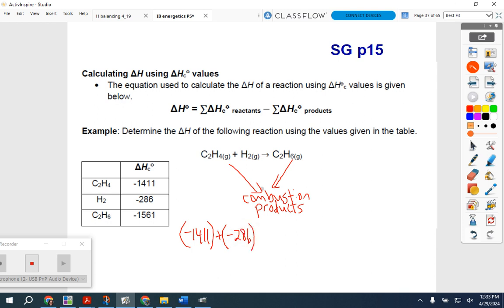So that's the sum of our reactants. And then we're going to subtract the sum of our products. We really only have one product, and that's going to be negative 1561. I guess I could have made that regular parentheses. But that's really all there is to it. So then it's just a matter of plugging it into your calculator correctly. Okay?